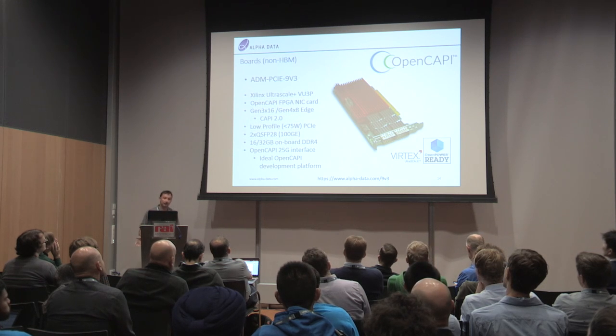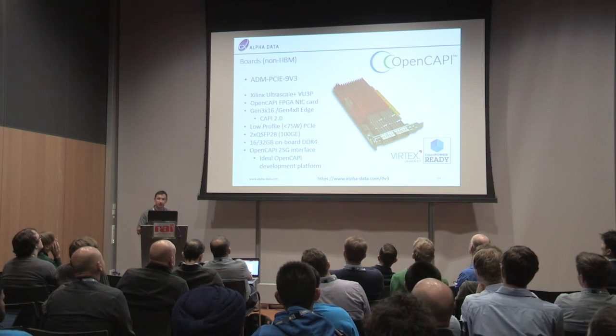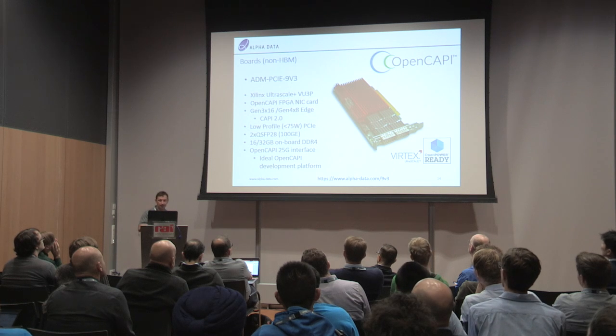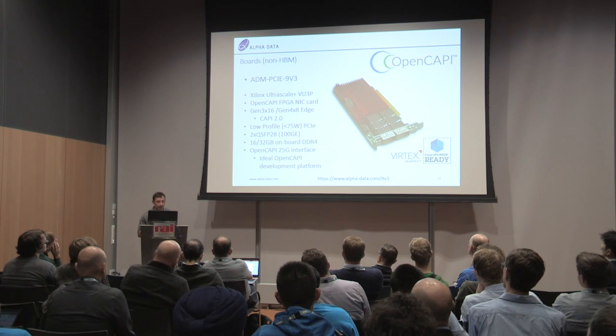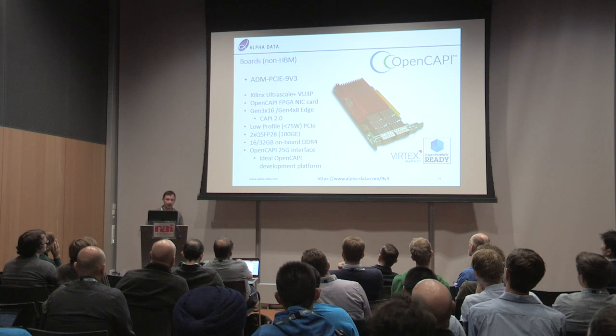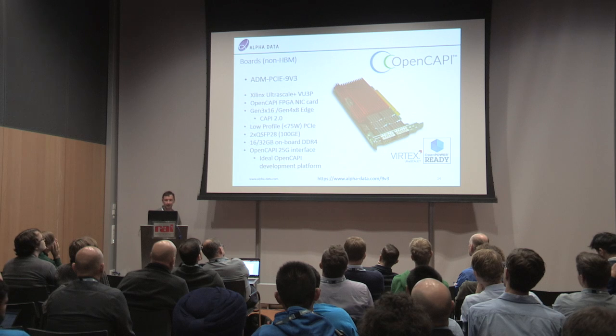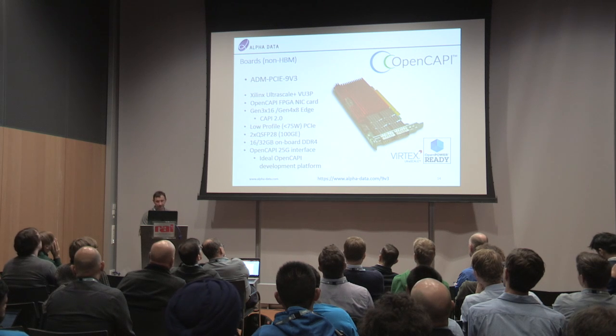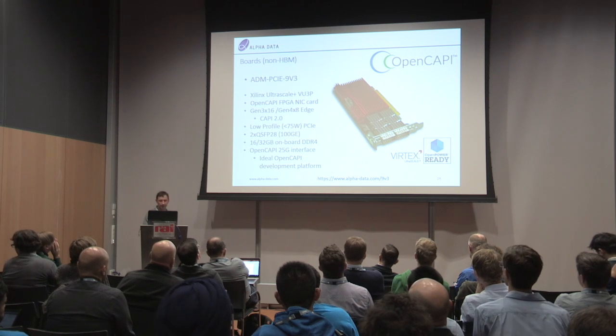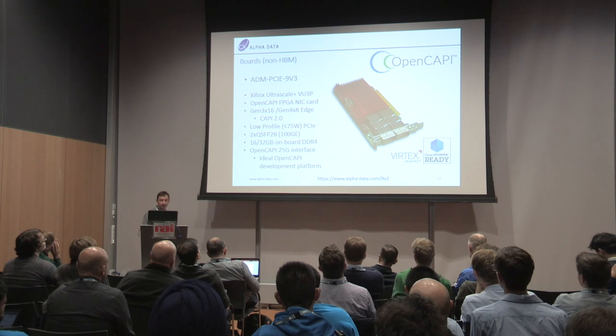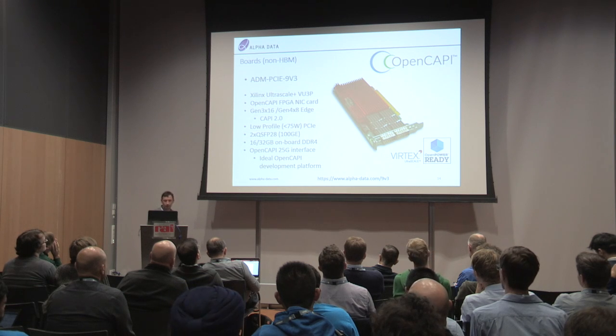We do have a number of other boards which are not HBM enabled. The one illustrated here is the VU3P, which has been used in the OpenCAPI bring up. This card is effectively an OpenCAPI FPGA NIC card with the VU3P Virtex UltraScale device on it, and it's capable of OpenCAPI and CAPI 2.0 operation.